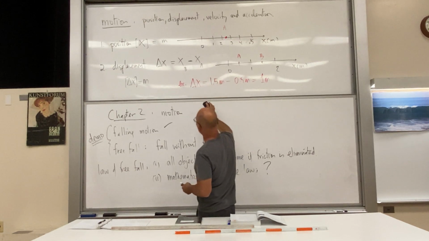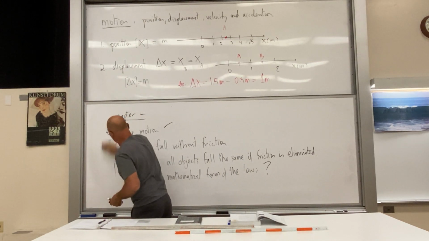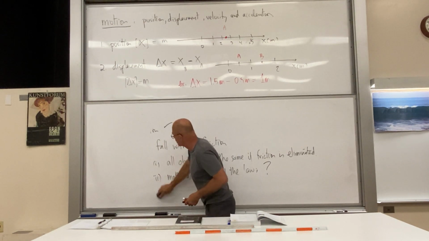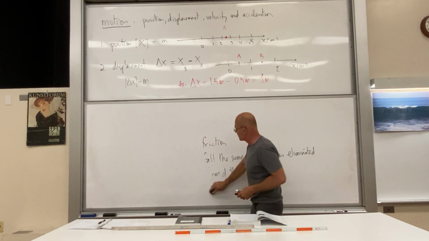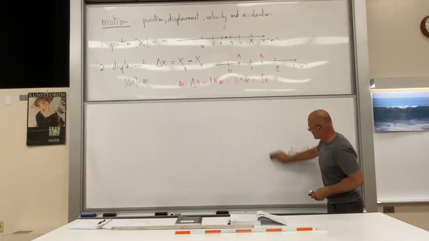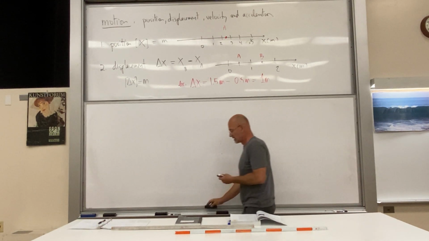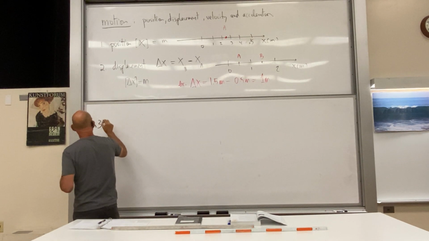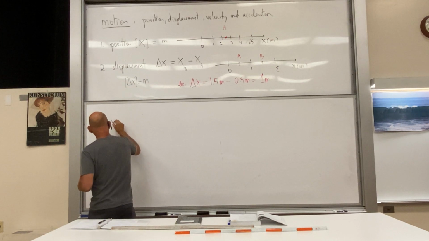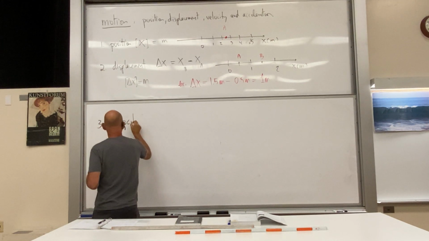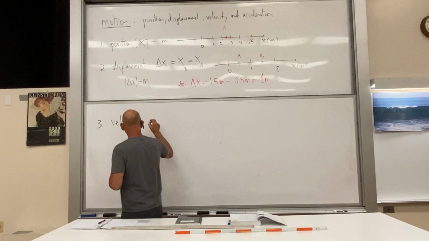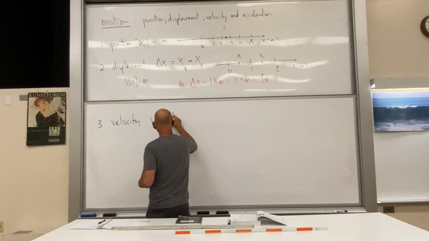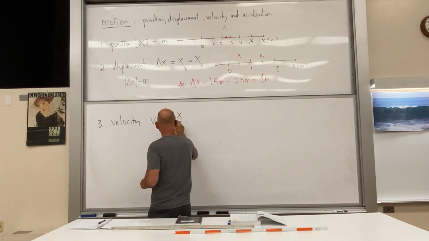Position, displacement, velocity. So velocity has some sub-definitions, but I'm going to keep it simple and just start with velocity v equals delta x over delta t.